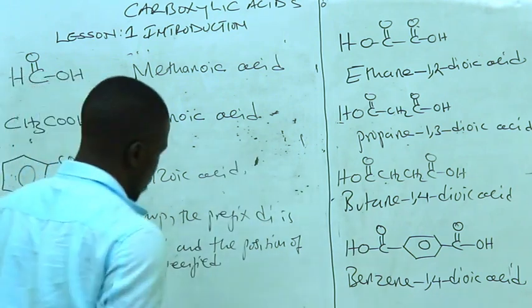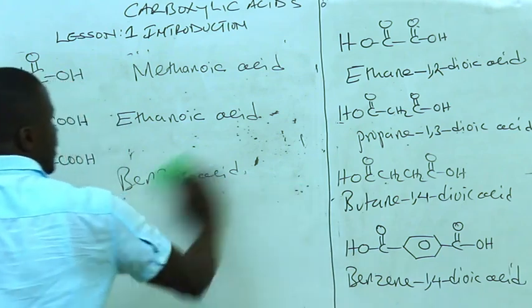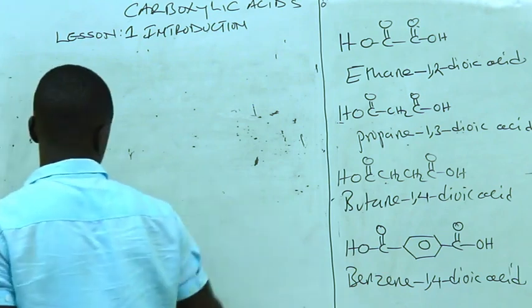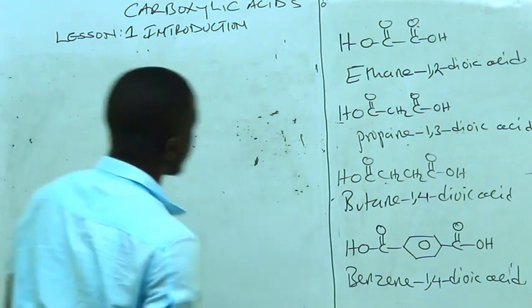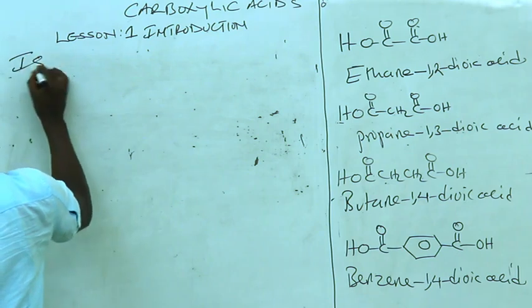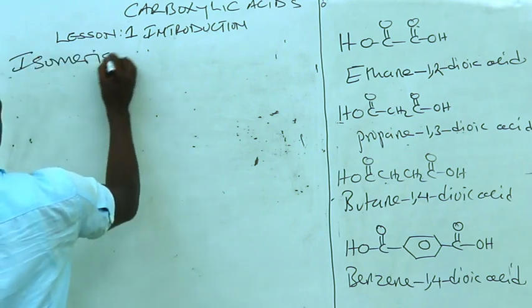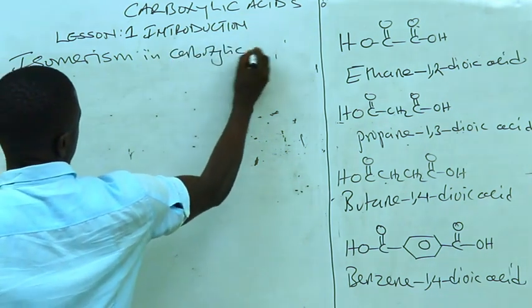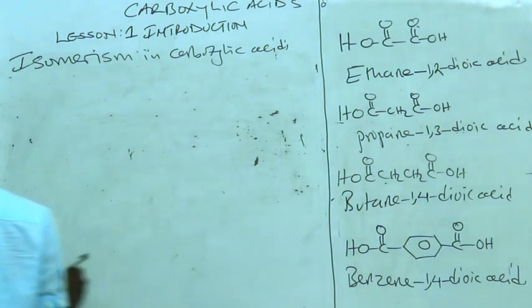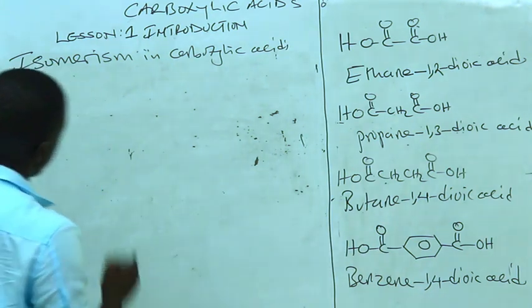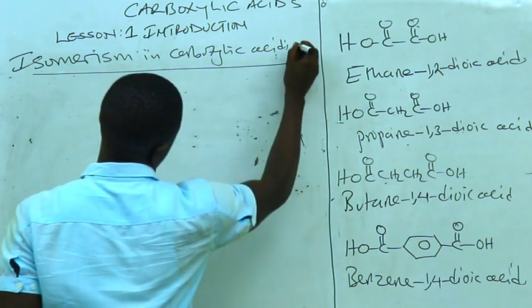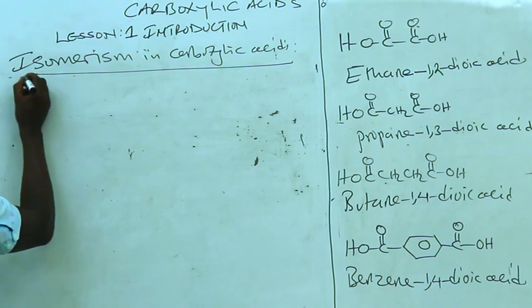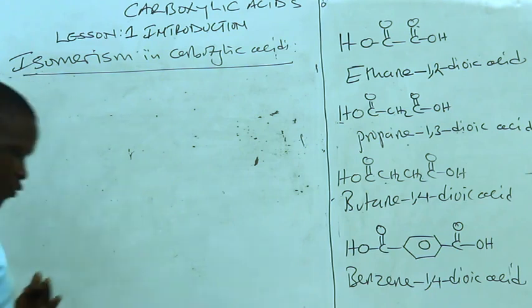Then briefly, let's look at isomerism in carboxylic acids. Do they have structure isomerism?